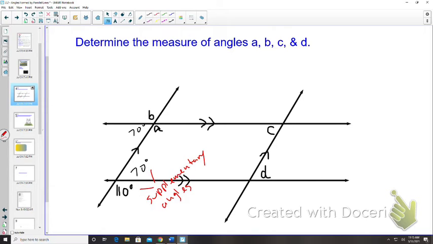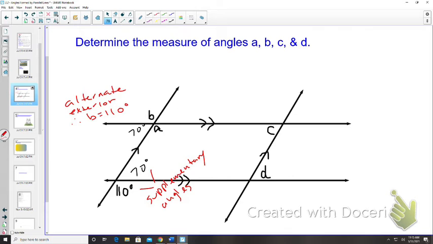So B's relationship to 110 degrees is opposite, right? Opposite sides of the transversal line. They are exterior angles, right? So alternate exterior angles are equal to one another. Therefore, B is 110 degrees.